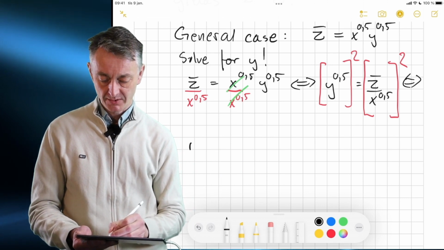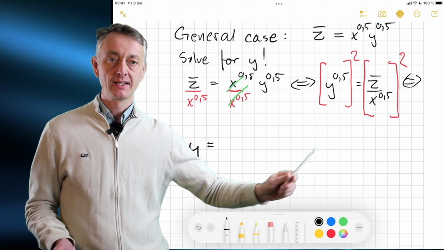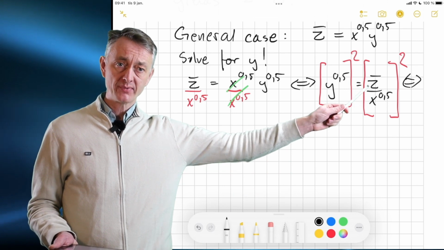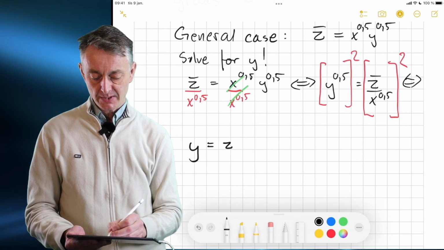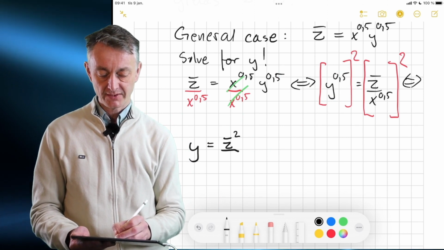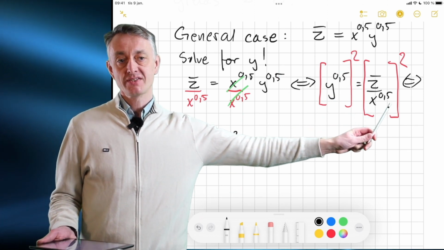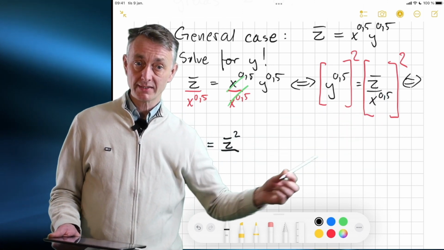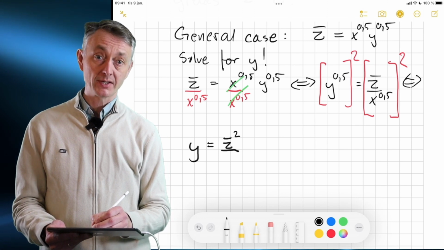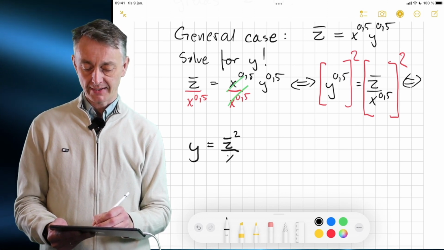Very good. Y equals. And what do we have on the right-hand side? Well, we have z upper bar to the power of 2 divided by, and we see that 2 times 0.5 is also 1, so x. So we have z upper bar squared divided by x.